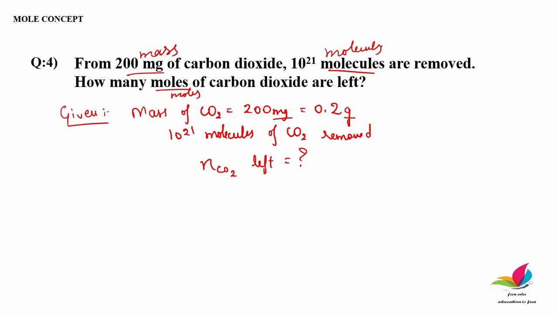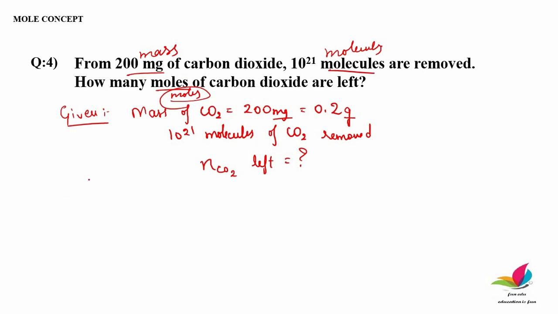So the given quantity is in terms of mass, and the quantity which is removed, that is in terms of molecules, and the quantity that you have to calculate, that is in terms of moles. All are different quantities, mass, molecules and moles, but however you can interrelate all of them by using the quantity mole. Correct? So you can relate mole with the molecule and also mole with the mass. Simple as previous one. Correct?